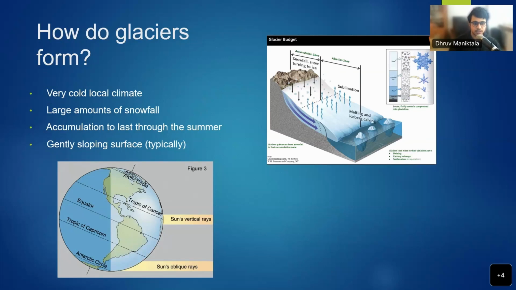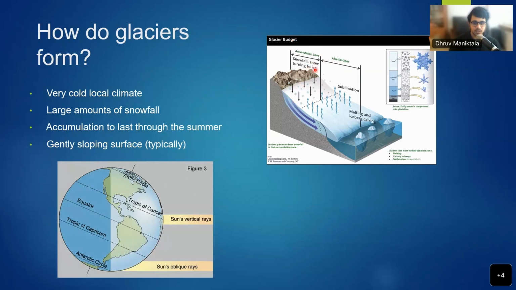In the topmost region here, the snow falls in the cold zone, where it stays, and it's called the accumulation zone. Here, the snow, the ice mass, gets collected. And as the snow falls, the lower layers of snow start getting compacted as more and more snow falls on top of it.